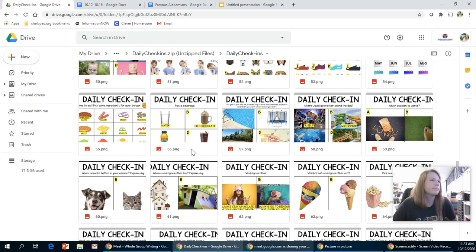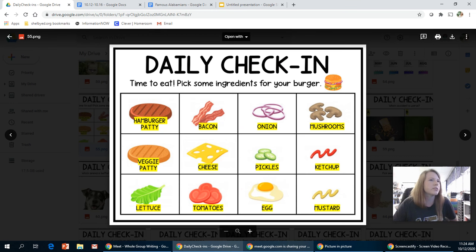Here we go, since it's almost lunchtime. Here we go. Time to eat. Pick some ingredients for your burger. You can pick at least 2. And type it in.